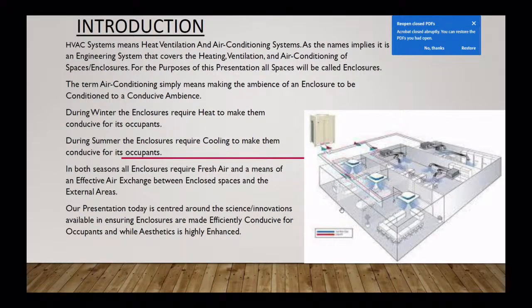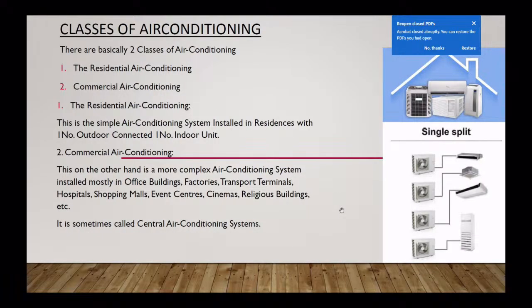For the purpose of this presentation, we'll be looking at spaces as enclosures, that is, places that are sealed up for people to be in. So basically, we have two types of air conditioning, the systems required to make a place conducive. We have the residential air conditioning and we have the commercial air conditioning.